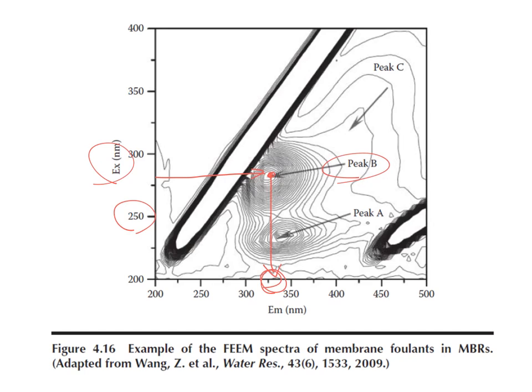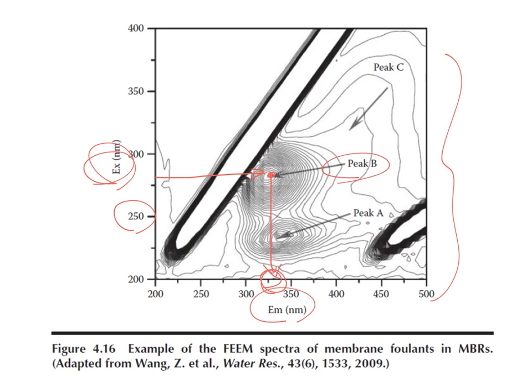So this is how we can determine the organic matter in the feed solution, because as I pointed out in the previous slide, depending on these excitation and emission wavelengths, we can identify the structure of these organic matters. Each region is assigned to a specific chemical structure of the organics.